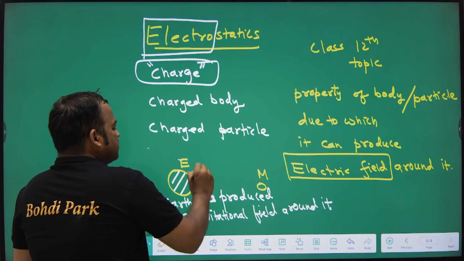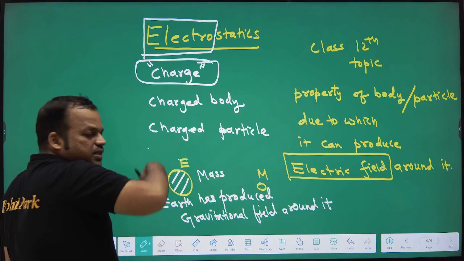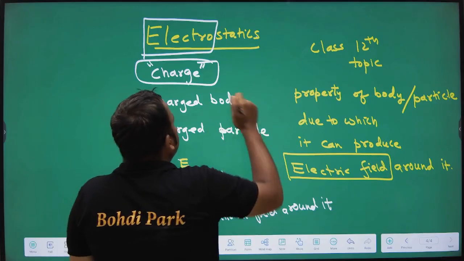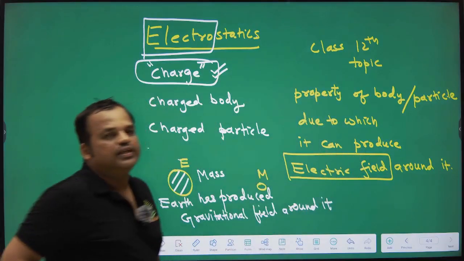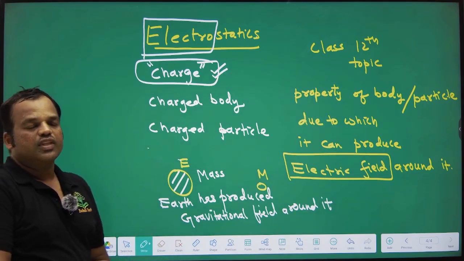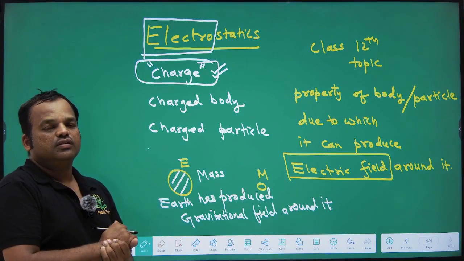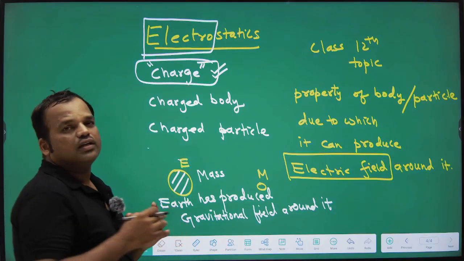So now Earth has mass. So the mass produces a gravitational field. So the charge produces an electric field. Something which can produce an electric field in the surrounding or near it, we can call it a charge.